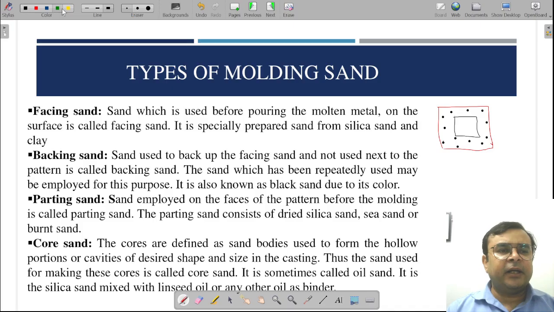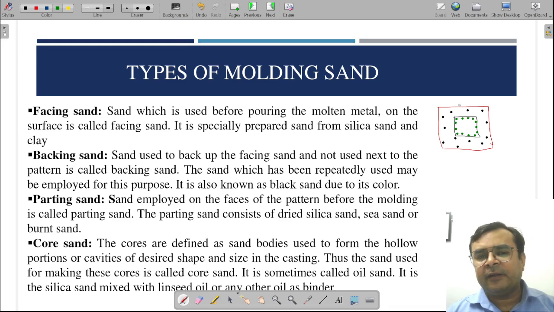So inside this mold cavity, sometimes we sprinkle some carbonaceous material with some dry sand, which prevents the bonding between the molten metal and the molding sand. Is it right? This is molten metal.